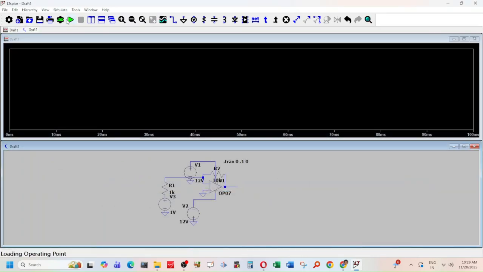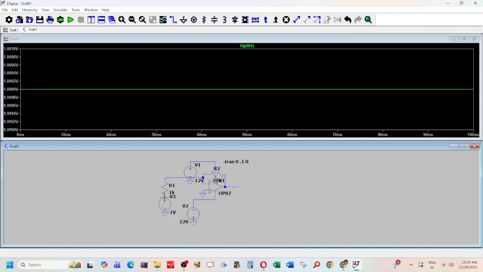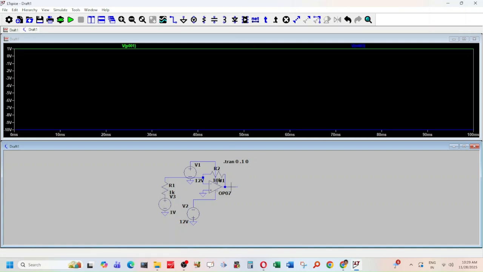Run the simulation. Remember that the output voltage is given by the equation R2 divided by R1 multiplied by input voltage. Hence, if we change the resistance value, we can amplify the input signal to the required level. But remember, the maximum limit is the 12V biasing level.